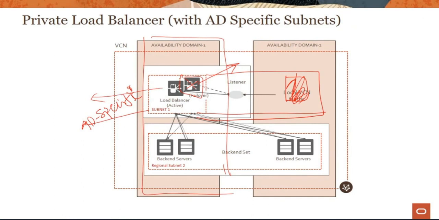I don't have a demo to show the private load balancer in action. Why would you use a private load balancer? Well, if you have an application where you have a web layer, let's say a middle tier, and a backend tier, you could have a public load balancer sitting at your web tier, taking the incoming traffic and sending it to your web servers, and the web servers could talk to the middle tier using a private load balancer, just if you want HA and to distribute the traffic.